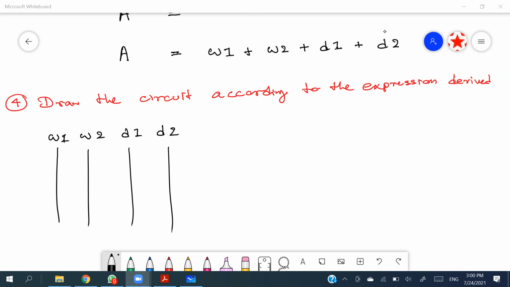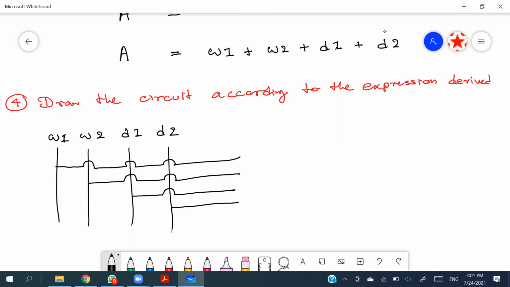Right? So the most simple way is taking a line from each and every point and sending it through one big O gate, right?